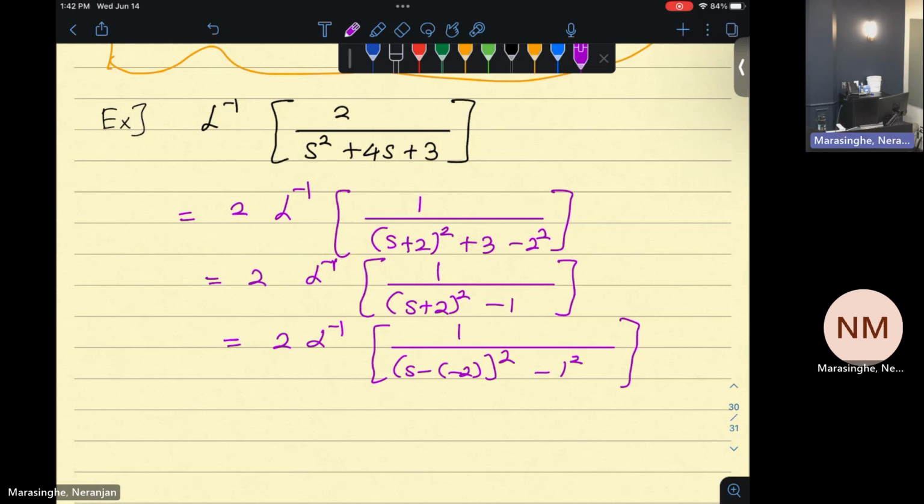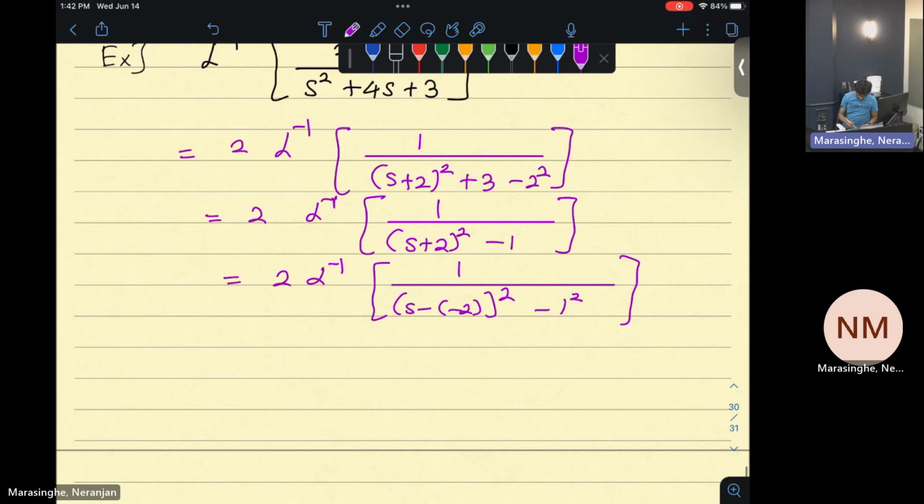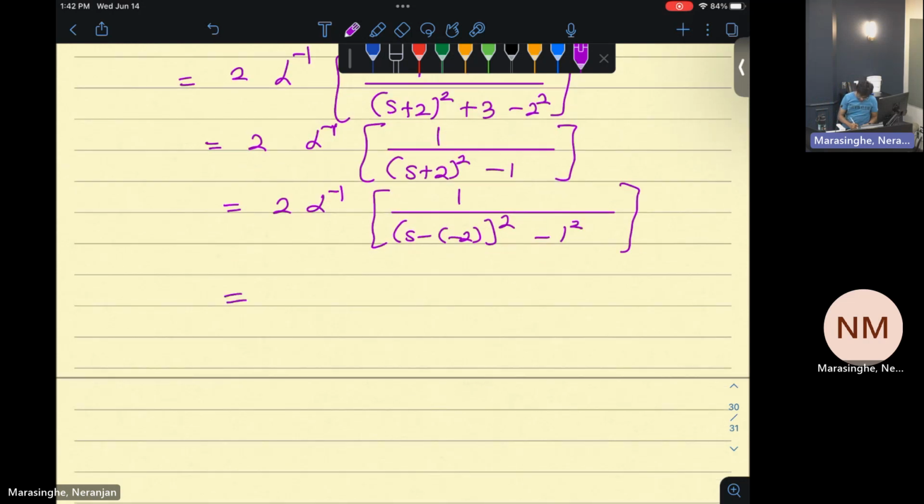So what is the inverse Laplace of 1 divided by s square minus 1? It is hyperbolic sine. Now s has been replaced by s plus 2, or s minus minus 2. So what is the inverse Laplace of this function? e to the minus 2t hyperbolic sine t. Is that clear?